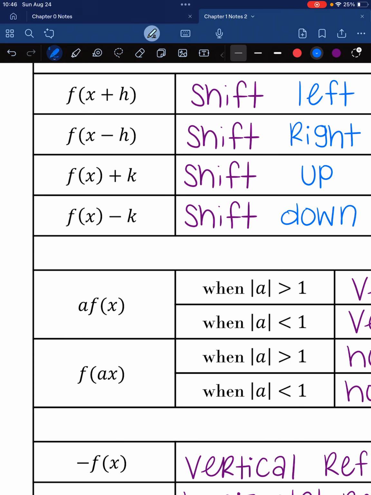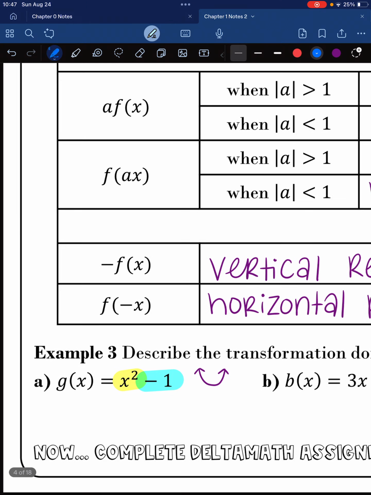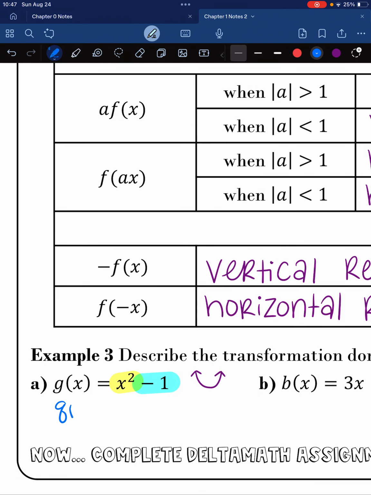When it's inside the parentheses with x, that's what shifts it left or right. So if it's outside parentheses, that's what's going to move it up or down. Okay, so this is going to move the quadratic down 1.